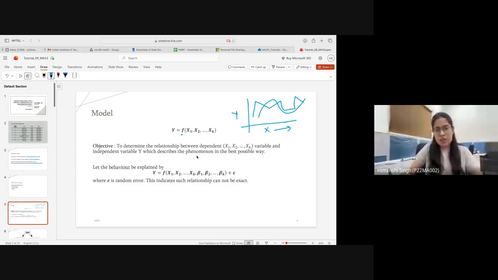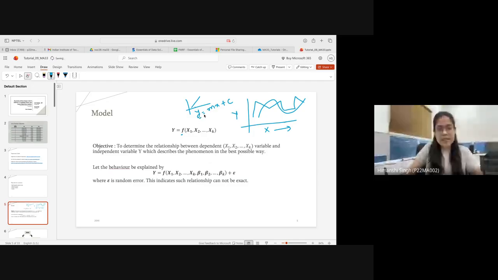So basically if I consider this, there may be some more variables, like beta 1, beta 2, beta k, which are parameters that affect the behavior of y with x1, x2, xk. So for example, if I consider a line, then y is equal to mx plus c, the equation of a line.